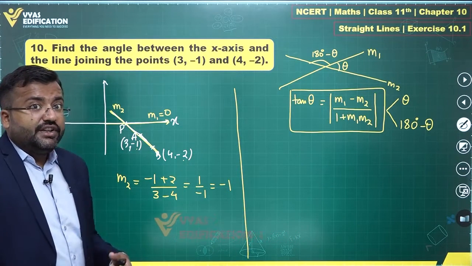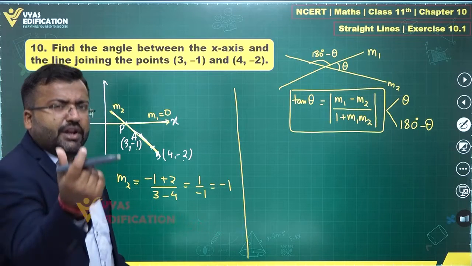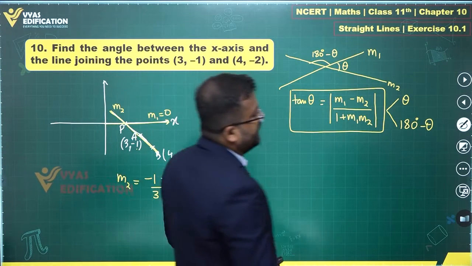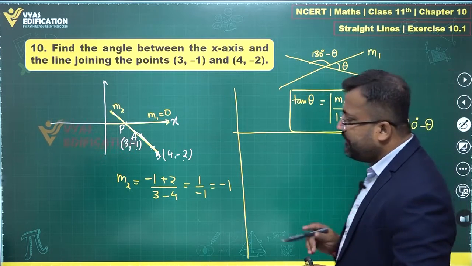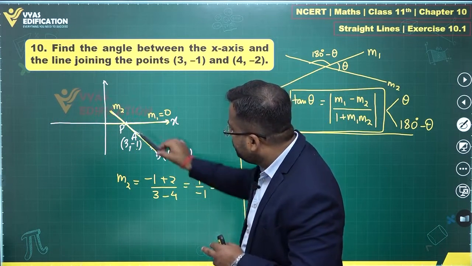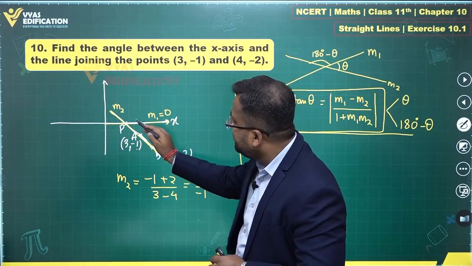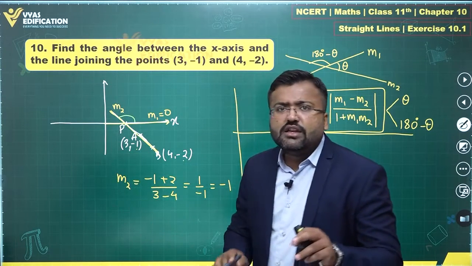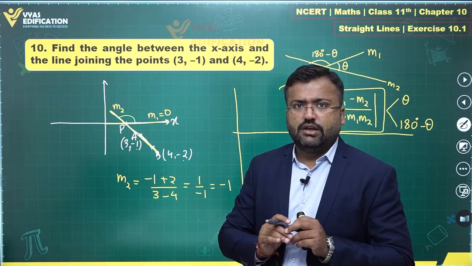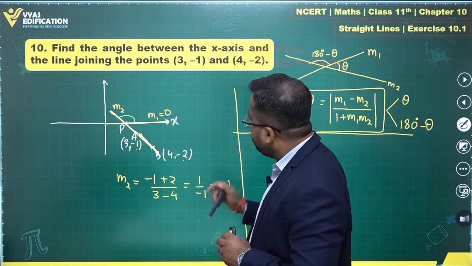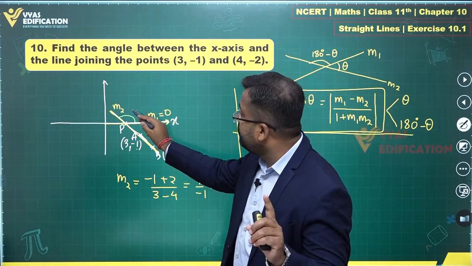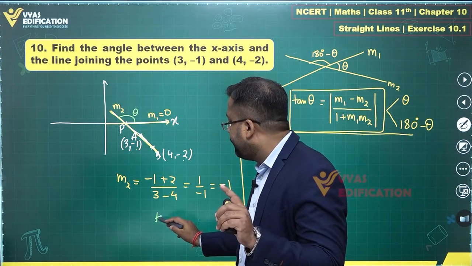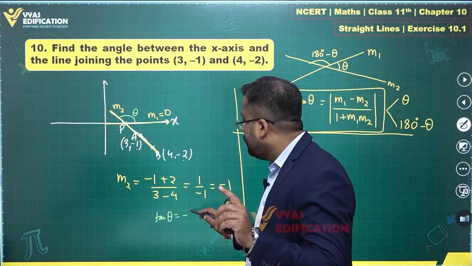So after this also, I have a simpler approach for you. What is that simpler approach? We can use this formula, right? But before we use that formula, can you observe that this slope of minus 1 implies that this particular angle is known directly? How is it known? Because for this particular slope, you know that this tan theta will be equal to minus 1.